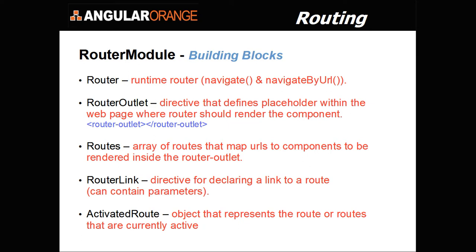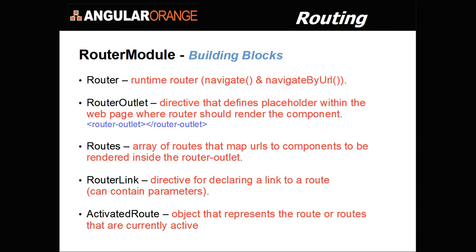You have a router outlet, a directive that defines a placeholder within the web page where the router should render the component. It looks like this, router-outlet. All you have to do is put that in your page, and that's where the component templates would render. Then you have a Routes object, which is an array of routes that maps URLs to components to be rendered inside the router outlet.